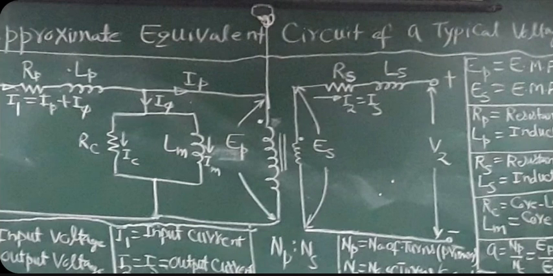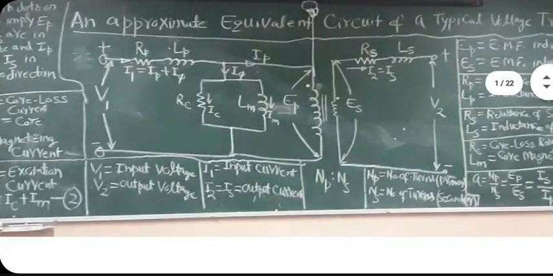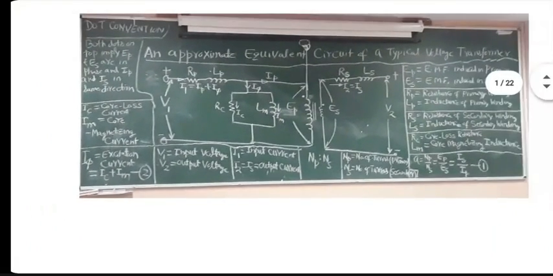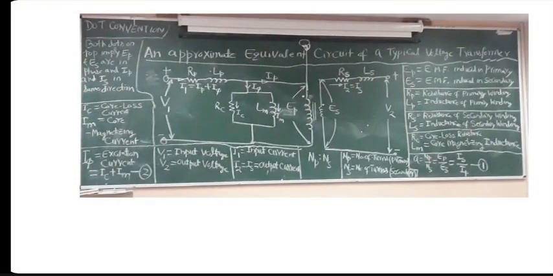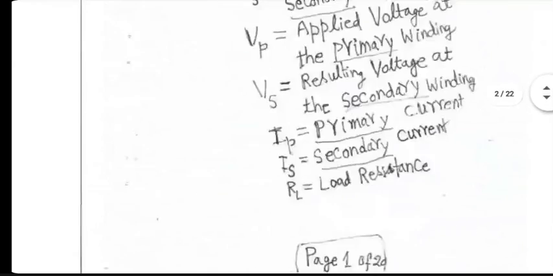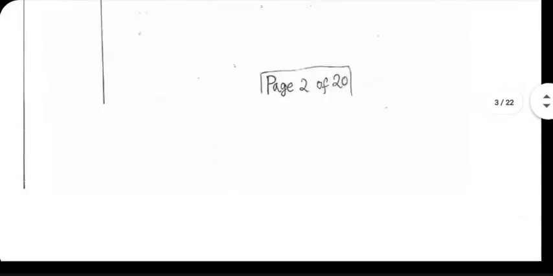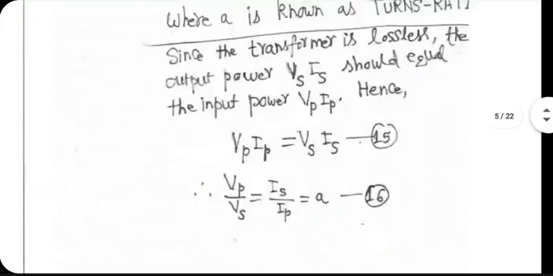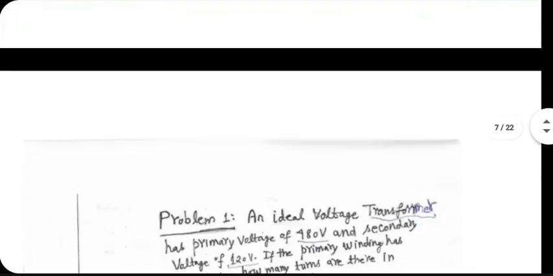If both the dots are on the top, versus when one dot is on the top on the left side and the other one is at the bottom, the phase relationships between VP, VS, IP, and IS are different. Basically, the direction in which windings are done is not known to you. So vendors try to tell you all that by using a dot convention. And that's what I'm talking about here in my notes.